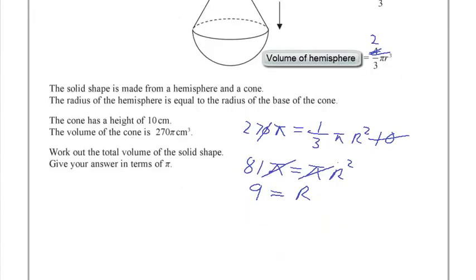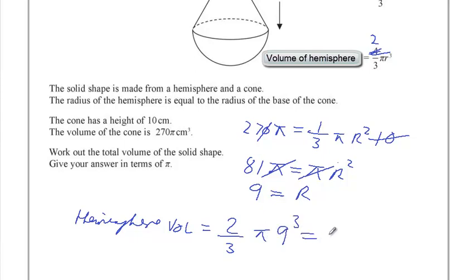So now we can work out the volume of this hemisphere by putting our value of r in. So we can say hemisphere, 2/3 pi r cubed. Just do it slightly different. 2/3 pi, 9 times 9 squared. I can then cancel this 3 with this 9 here. So that's 6. 2 times 3 is 6.